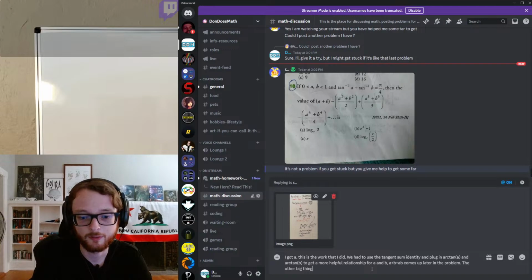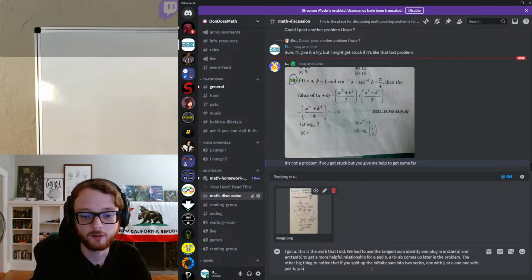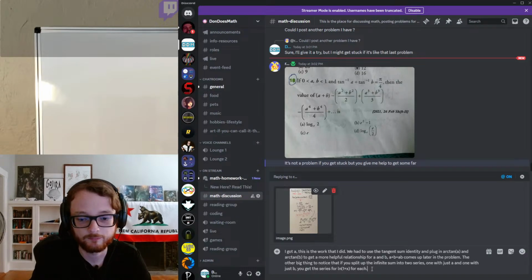The other big thing to notice is that if you split up the infinite series into two series, one with just A and one with just B, you get the series for ln 1 plus x for each.